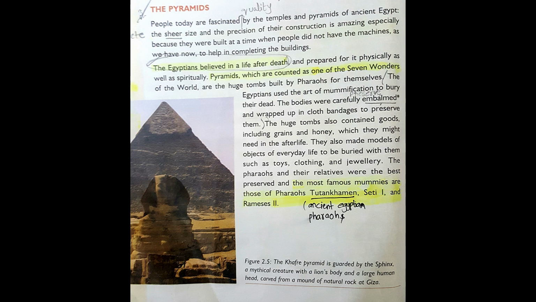The Egyptians used the art of mummification to bury their dead. The bodies were carefully embalmed and wrapped up in cloth bandages to preserve them.